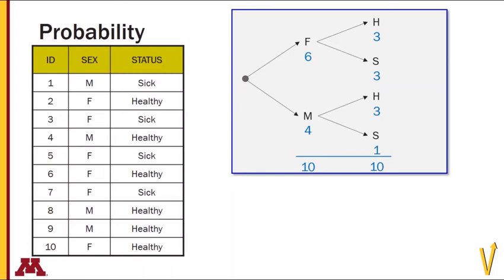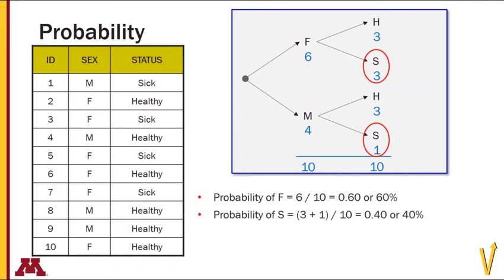Now, if we wanted to calculate the probability of obtaining a female, if we randomly choose an animal from this population, we would have to divide the number of females by the total number of individuals. The probability would be 0.6 or 60%. So the probability of obtaining a sick animal, in this case, would be 0.4 or 40%.